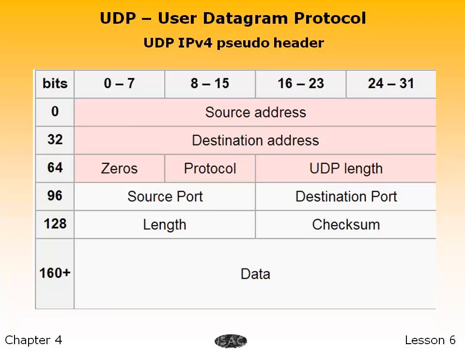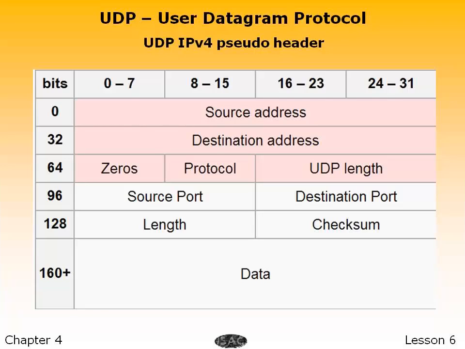The Simple Network Management Protocol, or SNMP, the Routing Information Protocol, or RIP, and the Dynamic Host Configuration Protocol, or DHCP. Voice and video traffic is generally transmitted using UDP.